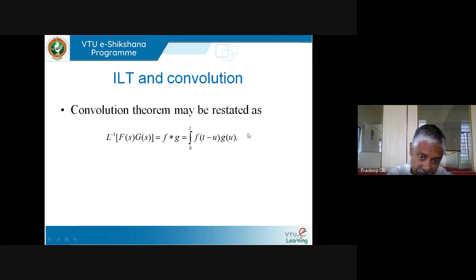The way it is written here, I can probably use this to compute certain integrals. Because if I know how to take inverse Laplaces, then I know how to find the integral. Or if finding the integral is easy, I can use this statement to find the inverse Laplace of some bad functions like F(s) into G(s).